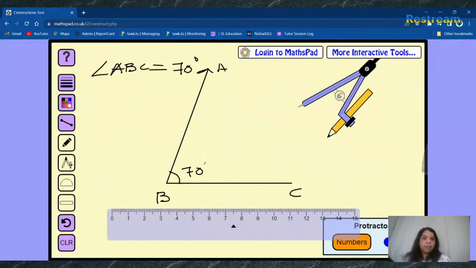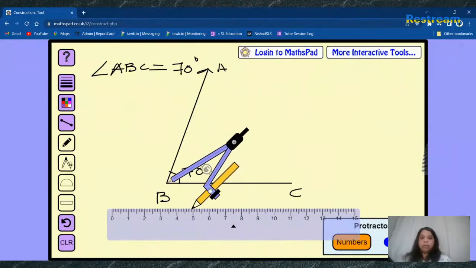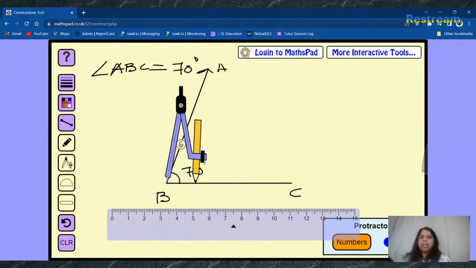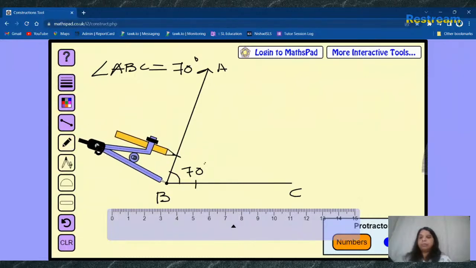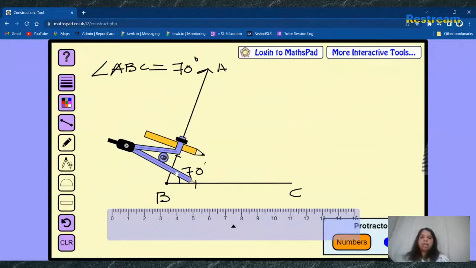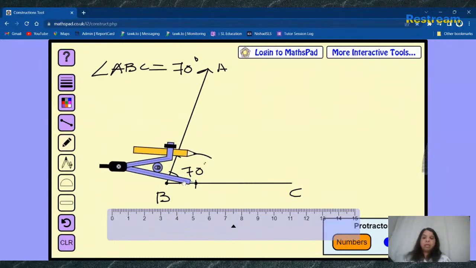Okay. Now again take your compass, put it on B, and take some distance in the compass. It doesn't matter what distance you take. Okay, you need a small distance, same measure, make a mark here. With the same distance, make another mark here. Okay, now take this, either you can change the distance or you can keep the same distance, it doesn't matter, and draw an arc here.